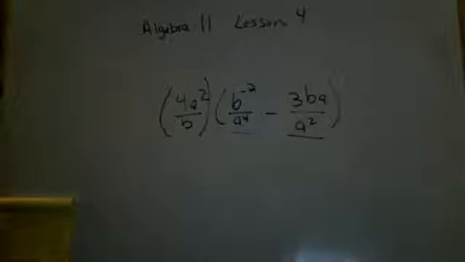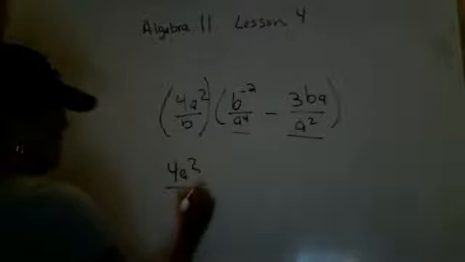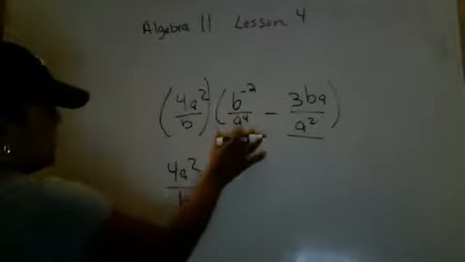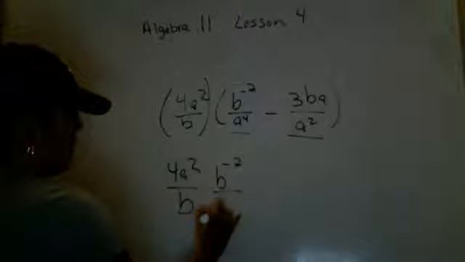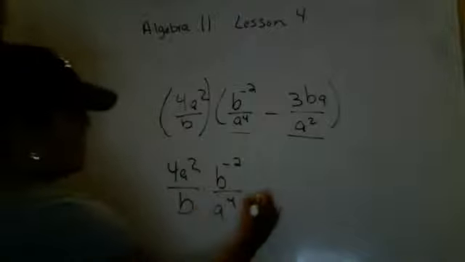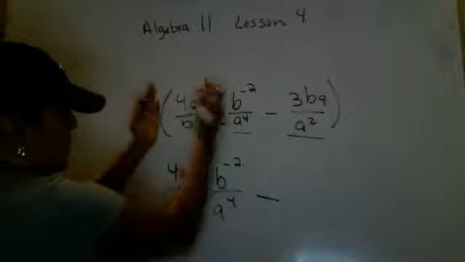So let's look at it. We're going to write 4a squared over b times, what's the first one? b to the negative 2 over a to the 4th. Minus, because you have a minus sign, this whole thing again, 4a squared over b times this entire term, 3ba over a squared.